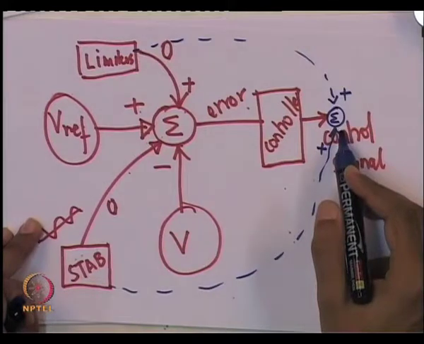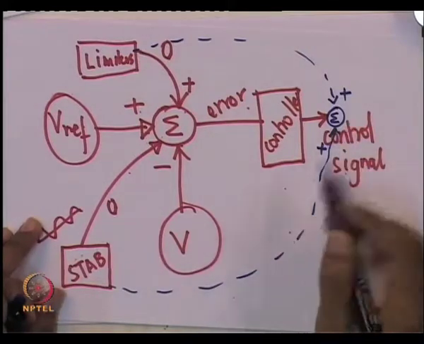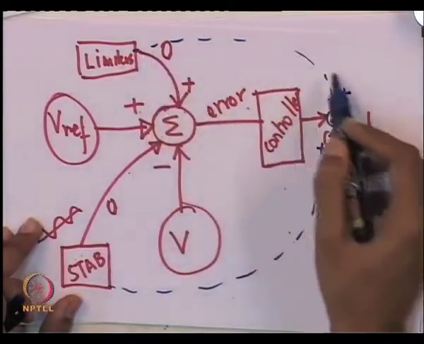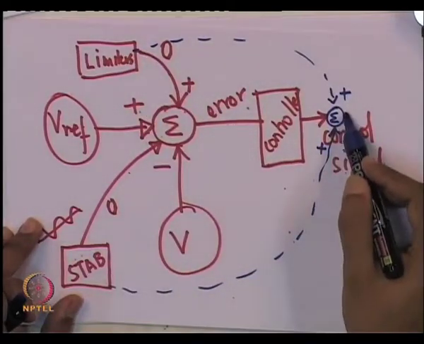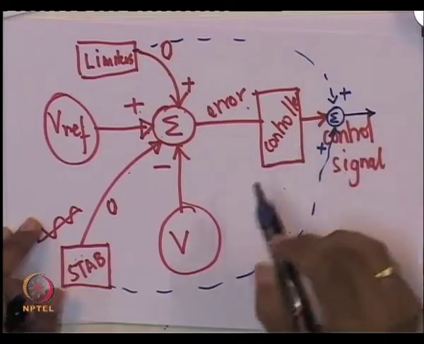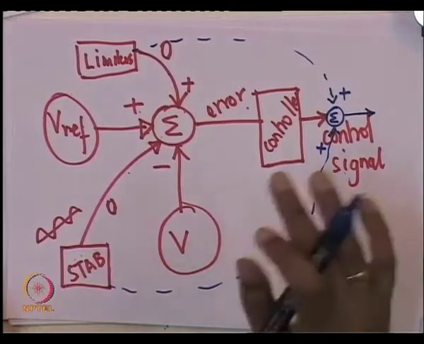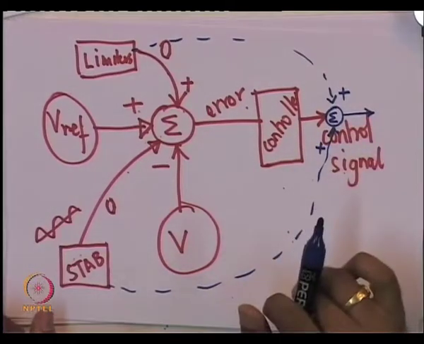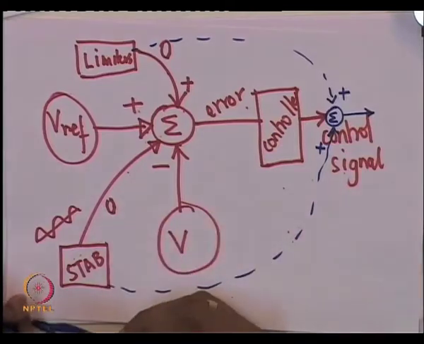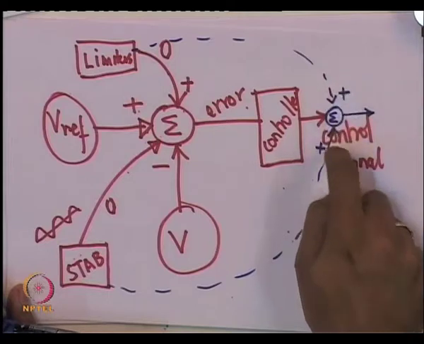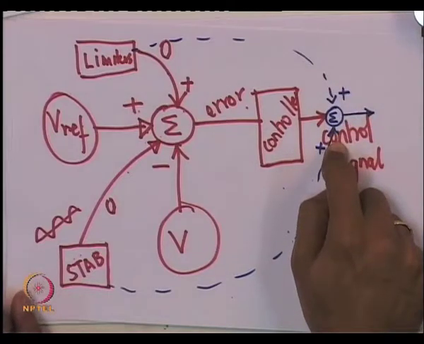The answer is yes, you can. So, in some implementations of regulators, the output of limiting functions and stabilizing functions are in fact added at the control signal level, the control signal which is sent to the control rectifier of the excitation power apparatus. So, you can have this kind of alternative structure where you are having the summing junction here for the limiting and the stabilizing function. Okay.